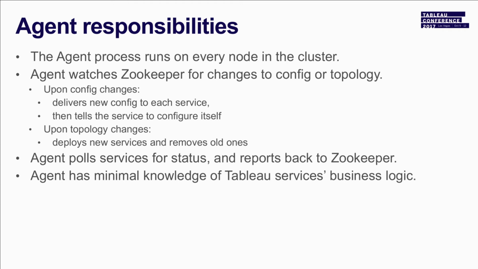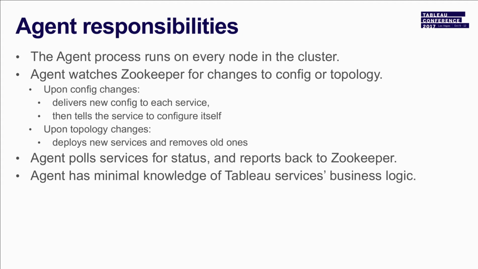So the question's about in a distributed environment, can you take a single node offline and bring it back online? We haven't really done anything with server on Linux that's different from server on Windows in that regard, but that is a feature request that people have asked for, so it's something we will definitely consider.